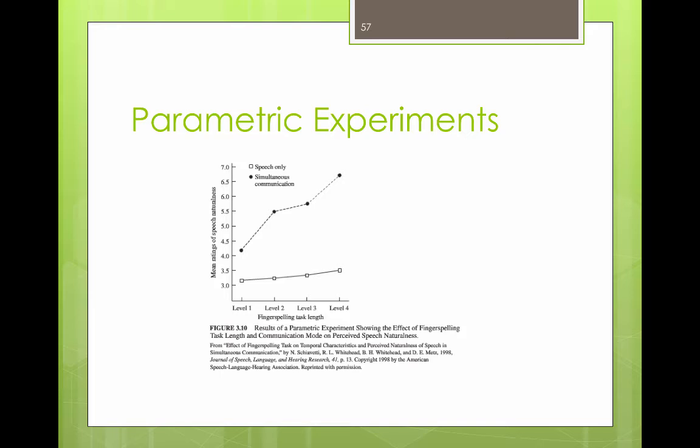Again, we have the independent variable on the x-axis, finger spelling length, and the dependent variable on the y-axis, mean ratings of speech naturalness. So we have two separate independent variables, with speech only or with simultaneous communication. Two independent variables looking at finger spelling task length on one dependent variable.